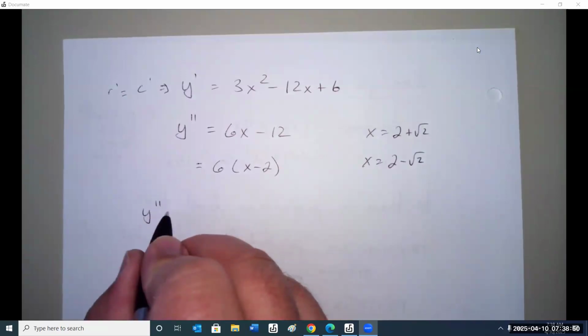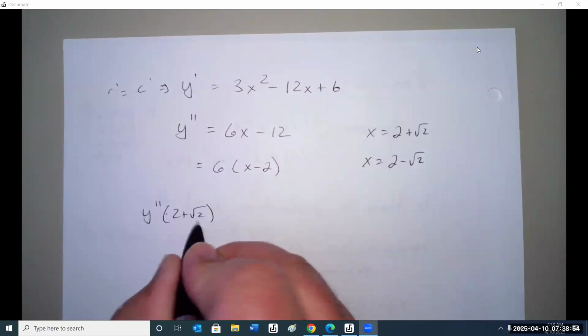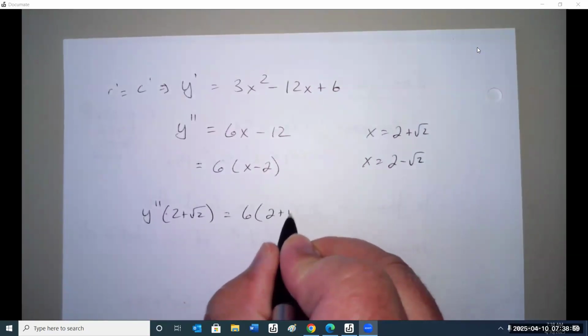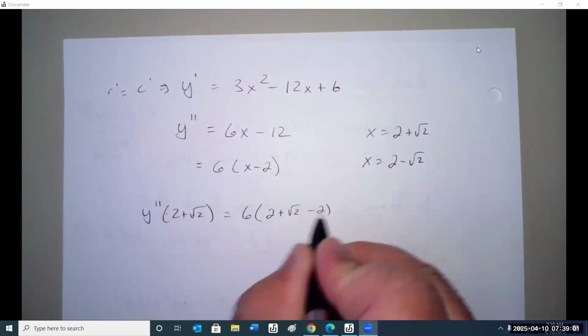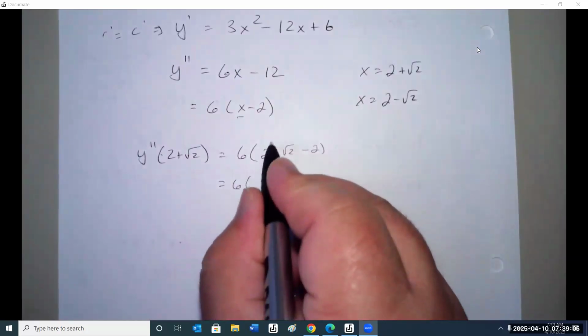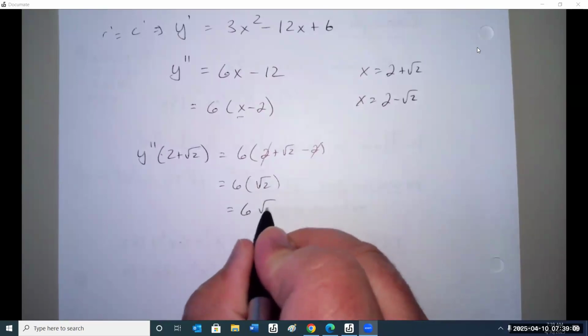So at 2 plus radical 2, we get 6 times 2 plus radical 2 minus 2. That's put in there. The 2's cancel. So I have 6 radical 2.